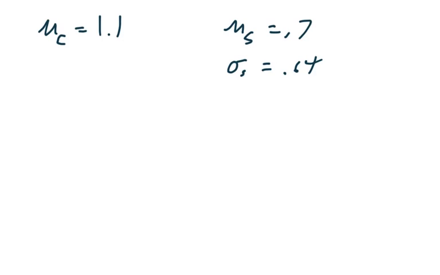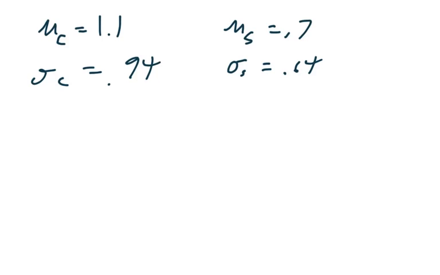The last one goes back to the cars, the original one. So the mean of the cars was 1.1. The mean of the SUVs was 0.7. The standard deviation of the SUVs was 0.64. The standard deviation for the cars was 0.94.